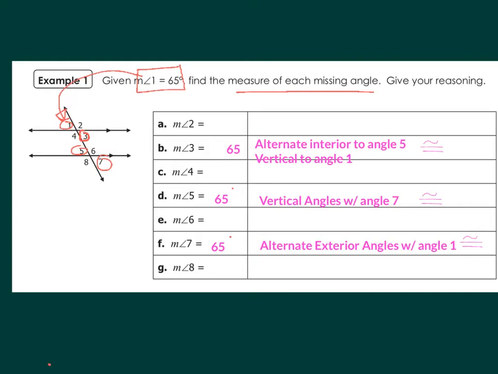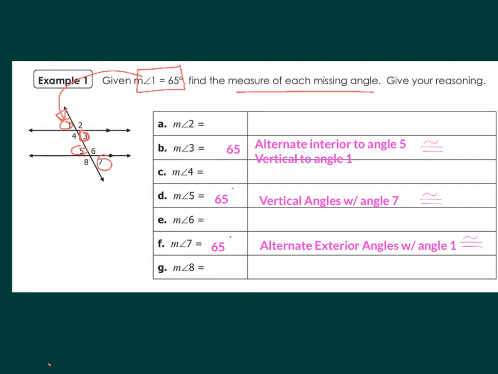Angle 3 is alternate interior to 5, which makes them, of parallel lines, congruent, and it's vertical to angle 1, so it's always going to be congruent to angle 1. So those are our 3 other measurements that are 65 degrees. So these 4 angles are 65.